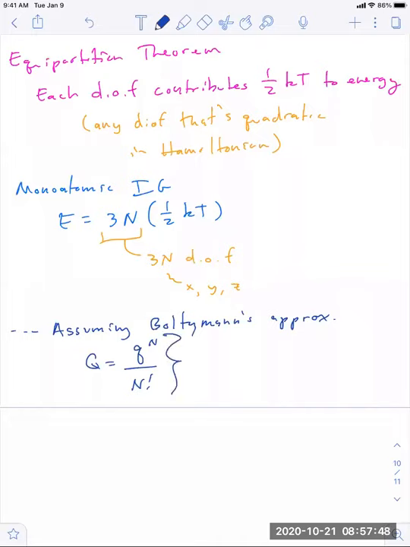And in our case, this is generally valid as long as the volume of our system is much larger than the de Broglie wavelength cubed, which is a way for us to say that we're at sufficiently high temperature or low density that Boltzmann's approximation is valid.